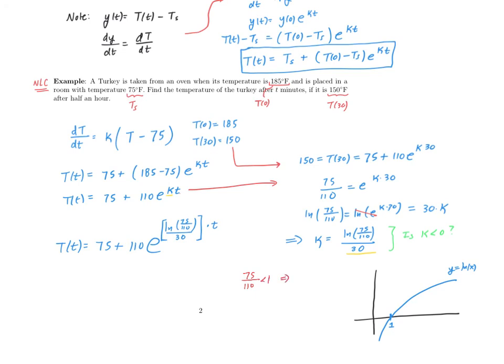And what that implies is that the natural log of 75 over 110 is going to be a negative quantity. So if we have roughly 75 over 110, the natural log of 75 over 110 gives you a negative output. And if that's negative, and you divide by 30, k will be negative as well.